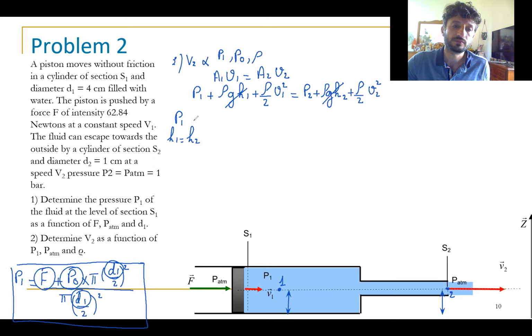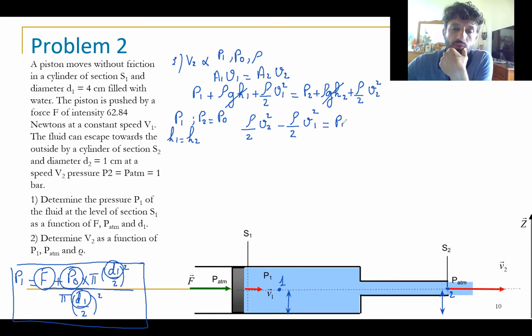P2 equals P0. So finally we have rho over 2 V2 squared minus rho over 2 V1 squared equals P1 minus P2.